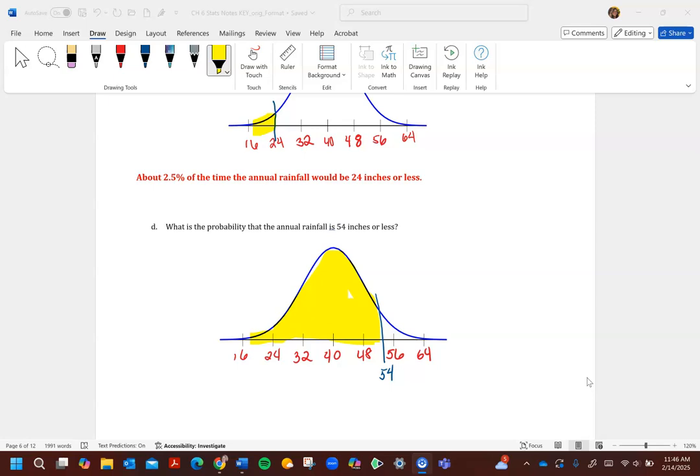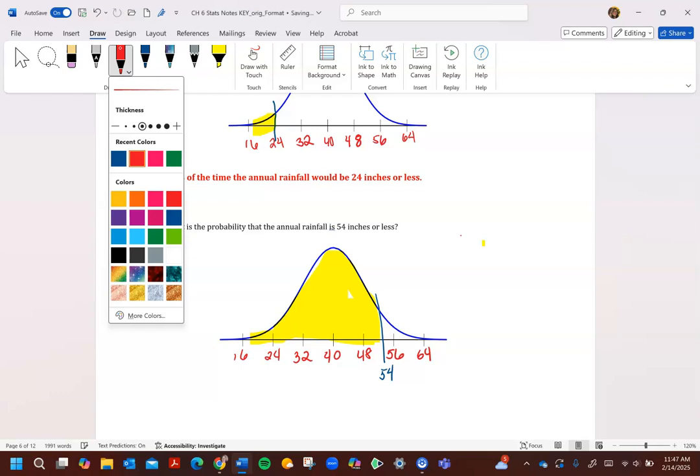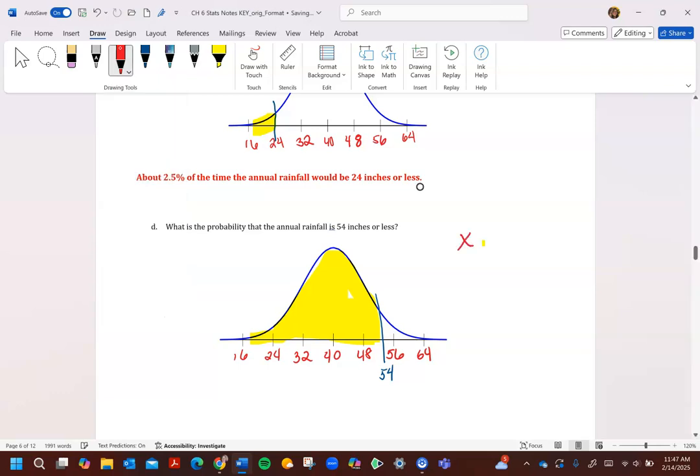So we're going to use a different technique. We're going to use some technology in order to help us with that. And you can use GeoGebra or Stoplets, whichever you prefer. And we'll show you how to put that in. So we are going to write out our inequality, what our cutoff would be. We'll jot that down here. So we would have X is less than or equal to 54.